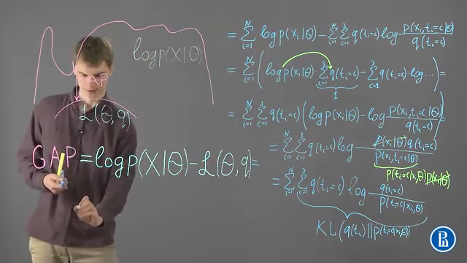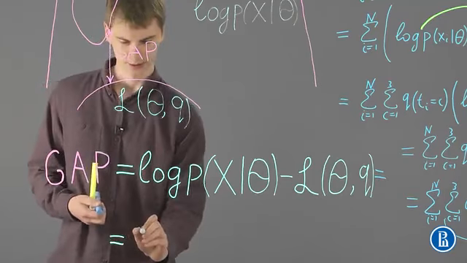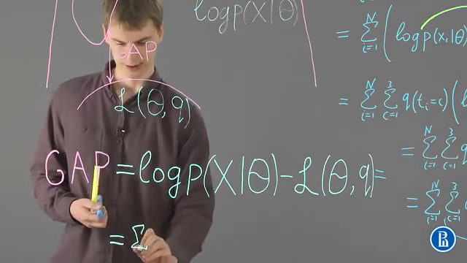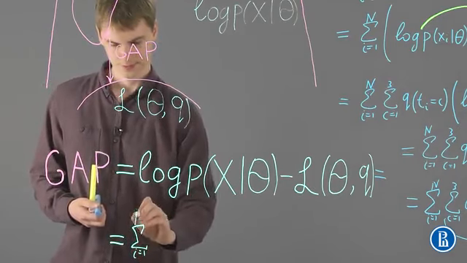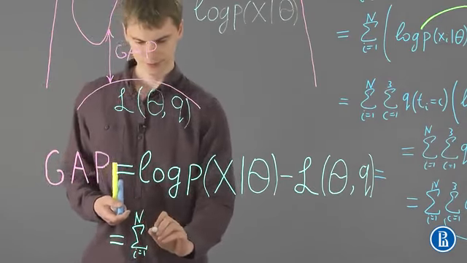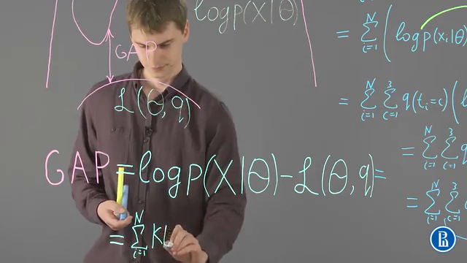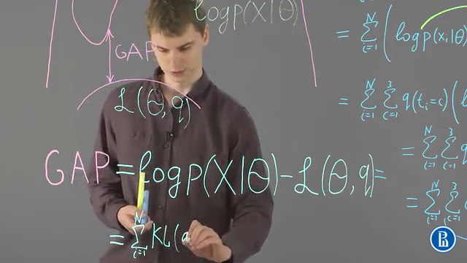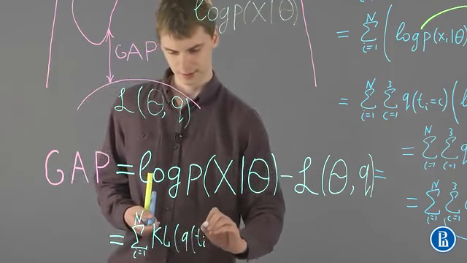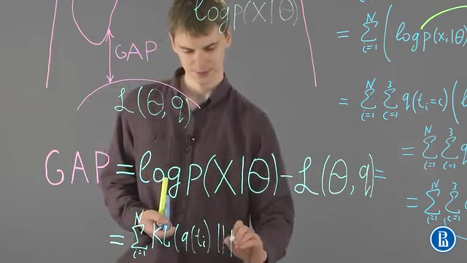So this will be the sum with respect to the objects in the dataset of KL divergences between Q of Ti and the posterior distribution.